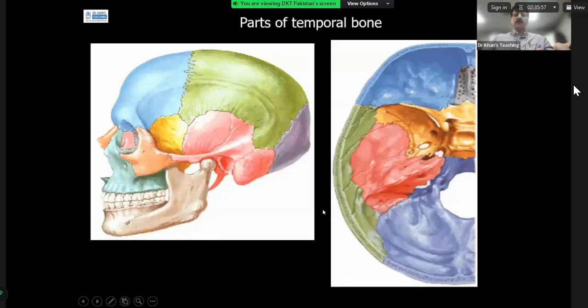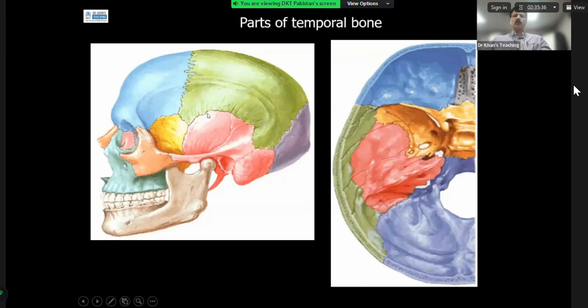Now, an overview of the skull. These are various bones of the skull, and we are interested in the temporal bone. The temporal bone has five different portions, technically speaking.